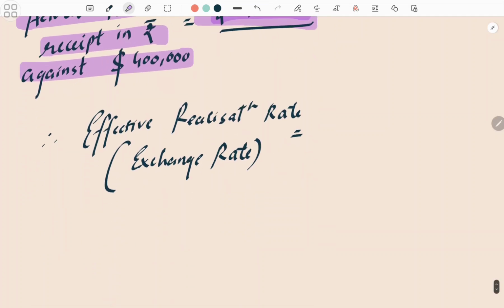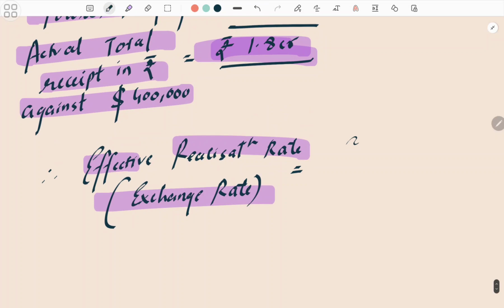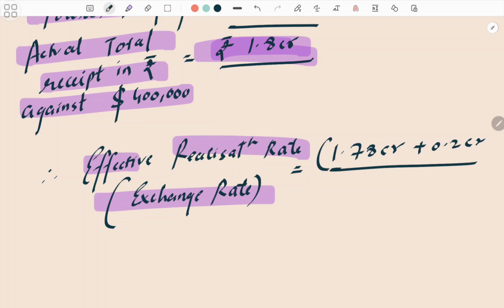Got it? So in order to find this effective realization rate, basically the exchange rate, what I have is 1.78 crore plus 0.2 crore. This is rupee, all of it, divided by the dollar. Why? Because I need the exchange rate. So rupee by dollar is what I need.